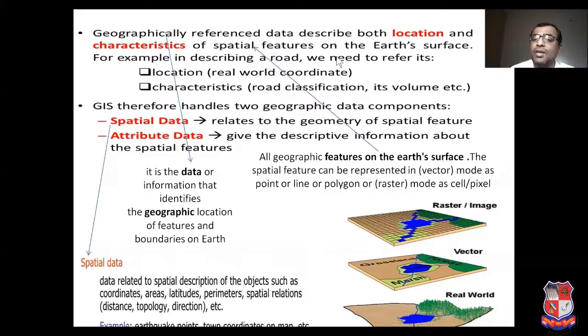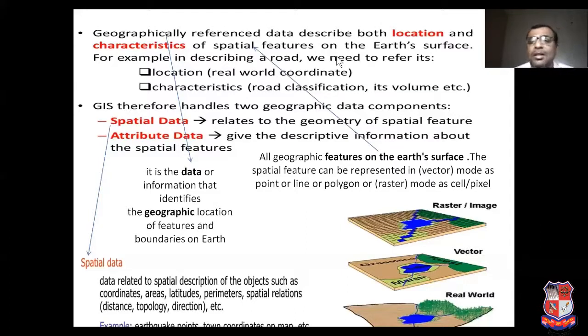The spatial features can be represented in vector format and in raster format, as we have seen in the previous slide. In vector mode, we represent these spatial features, meaning geographical information, either in line, point, or polygon, and in raster format we represent these spatial features as a cell or pixel.